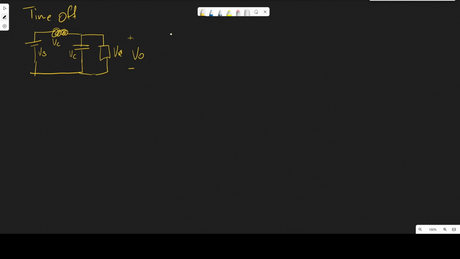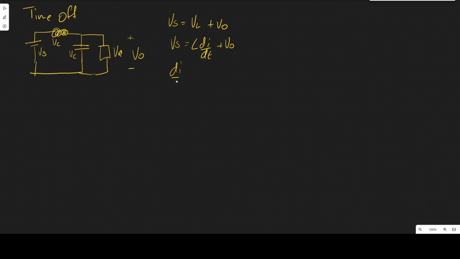To start for the state equations, we can write Vs is equal to VL plus Vout. Vs is equal to L diL/dt plus Vout, and diL/dt is equal to Vs on L minus Vout on L. This is the first state equation.